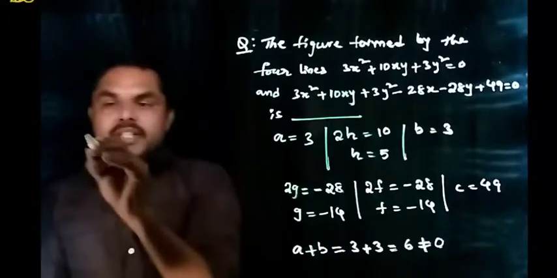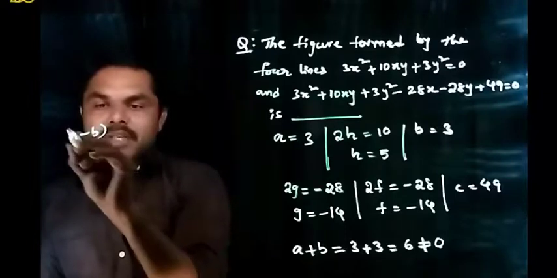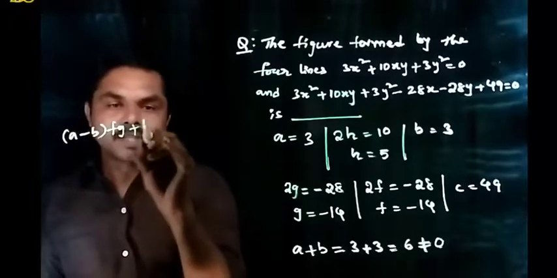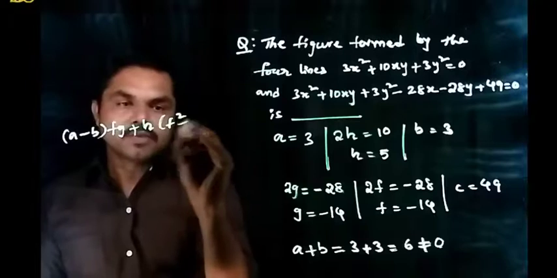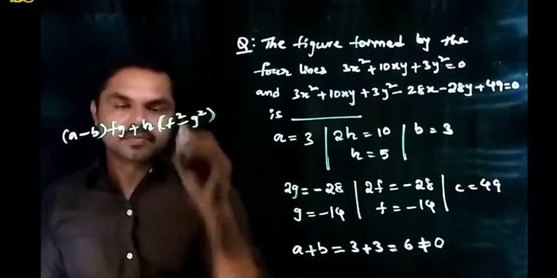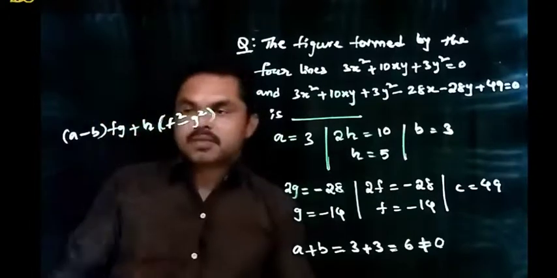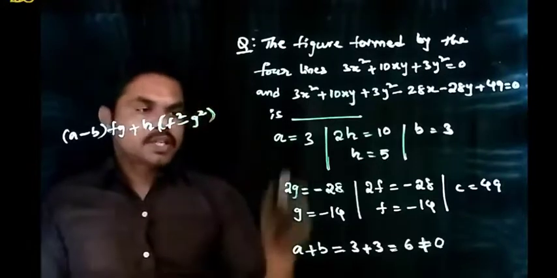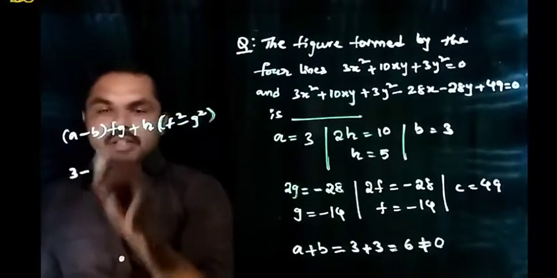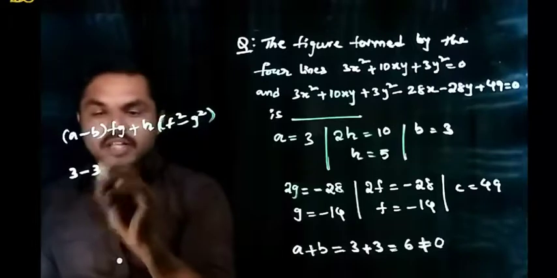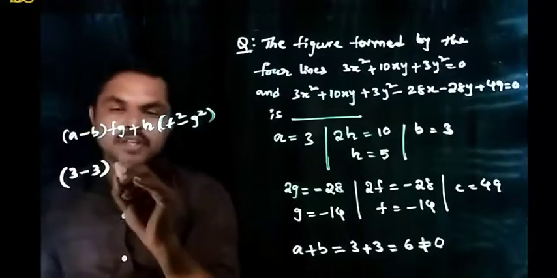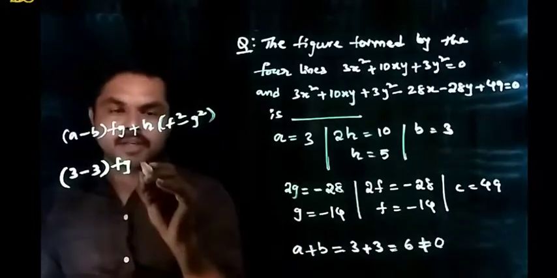Now try to find the a minus b into fg plus h into f square minus g square value. Substitute the values here. What is the a value? 3. The b value is also 3, into fg, no need to substitute because 3 minus 3 becomes 0.